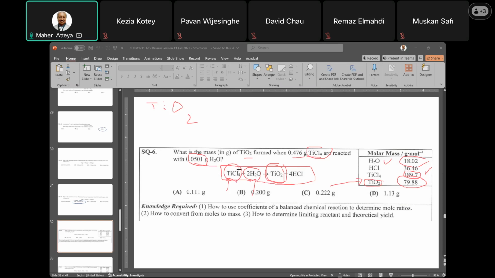Let's take titanium 4 chloride, which is this amount here, 0.476. Let me take this one out. So, look at titanium, 0.476 grams of TiCl4.